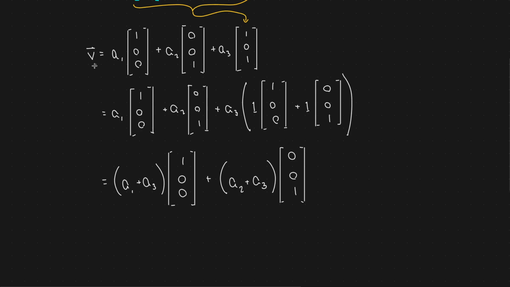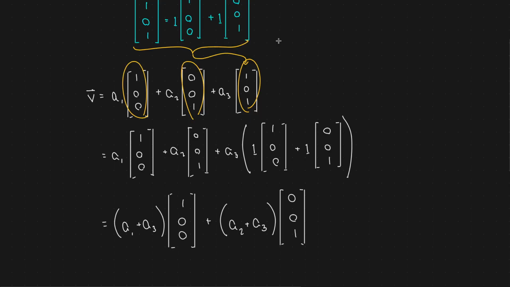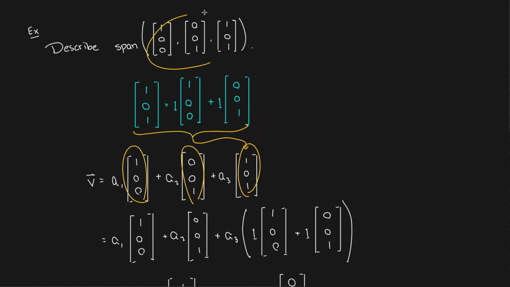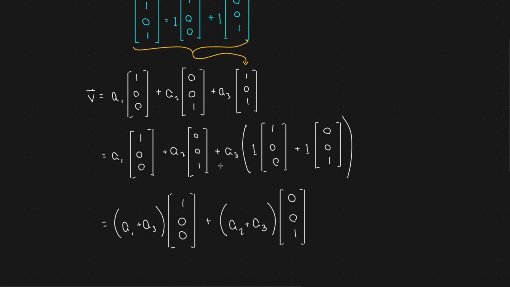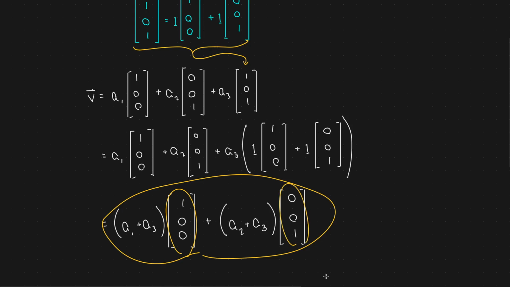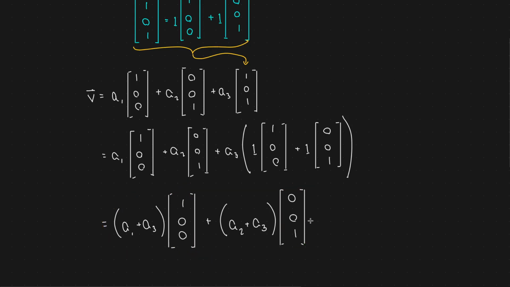Which means that any vector that is a linear combination of the 3 vectors in my spanning set, any vector in the span is also in the span of just the 2 vectors. I just need those 2 vectors to span the set.